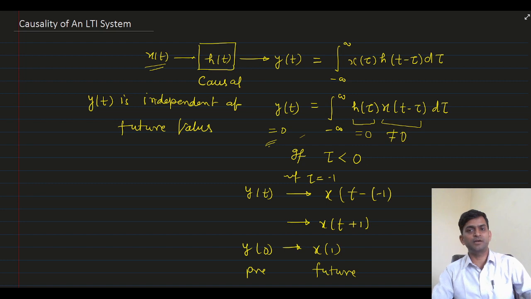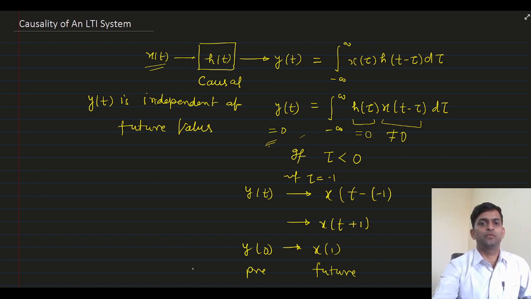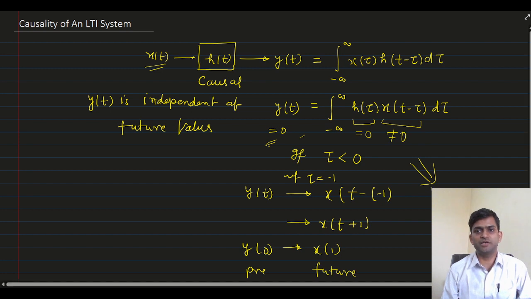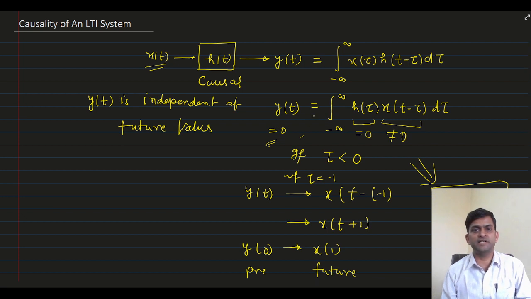So the condition that comes out is, for tau less than 0, this h of tau should be 0. This condition is required to make this expression independent of the future.